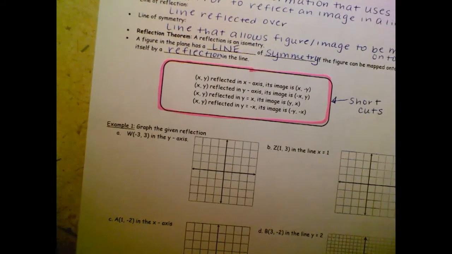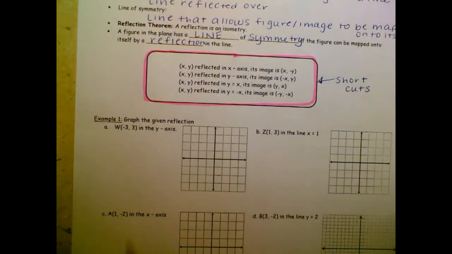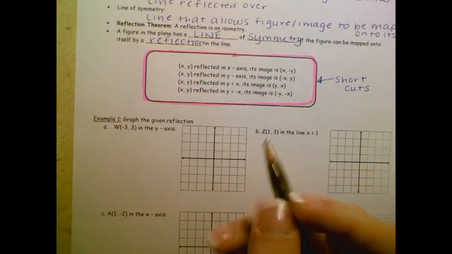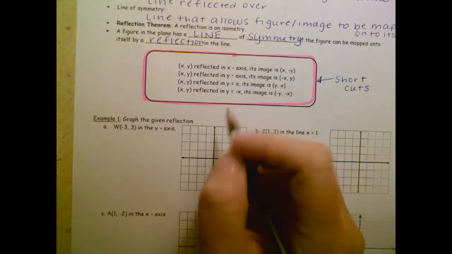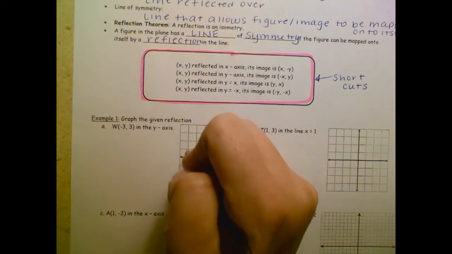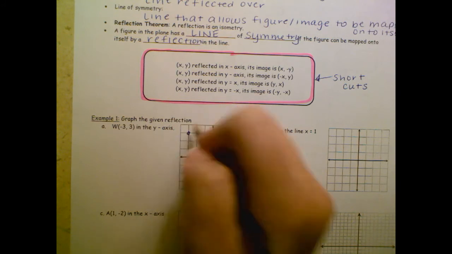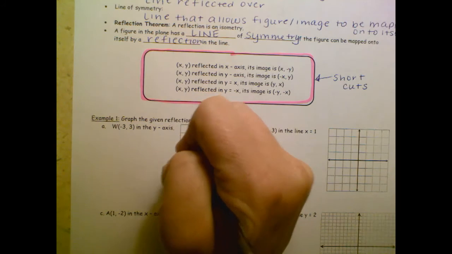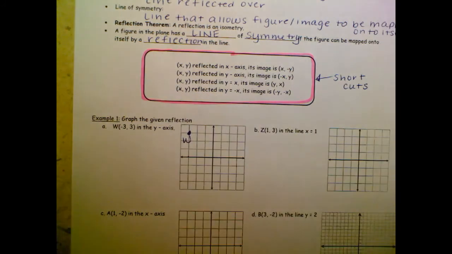All right, so my first example, I'm going to go ahead and graph W equals negative 3, 3. So negative 3, I go over 1, 2, 3, up 3. That is point W. Now the line of reflection is the y-axis.